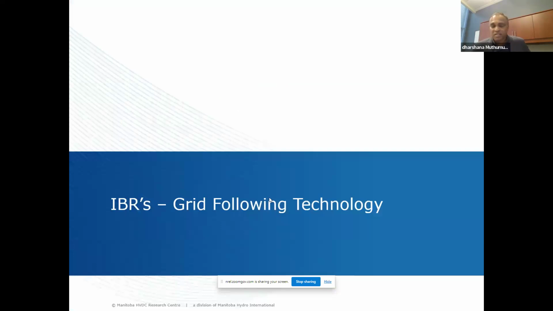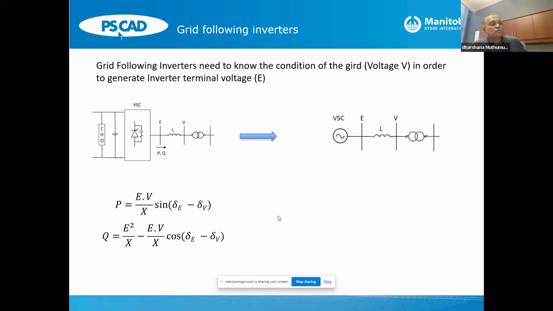Okay, so that's a little bit about EMT, the fundamental formulation of equations, and why it is required sometimes for IBR studies. Now let's talk a little bit about IBRs themselves so that we have a good understanding. Like in the grid following, we already established the inverter, the voltage source inverter, VSC, which is acting as a voltage source.